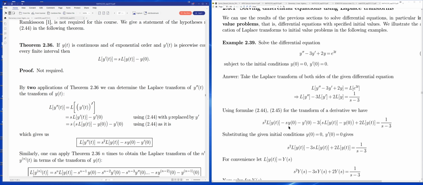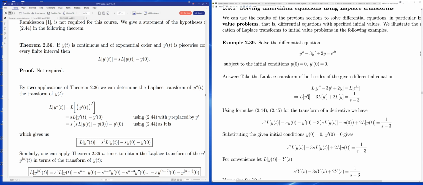Notice what happened here. Once you use these two formulas, one for Laplace of y prime and one for Laplace of y double prime, this entire expression just involves Laplace of y. You no longer have any derivatives that would normally be part of a differential equation.